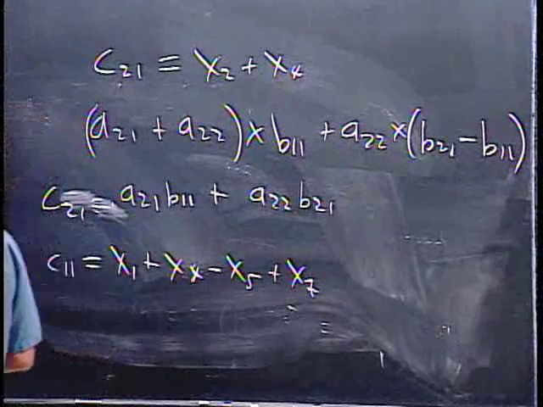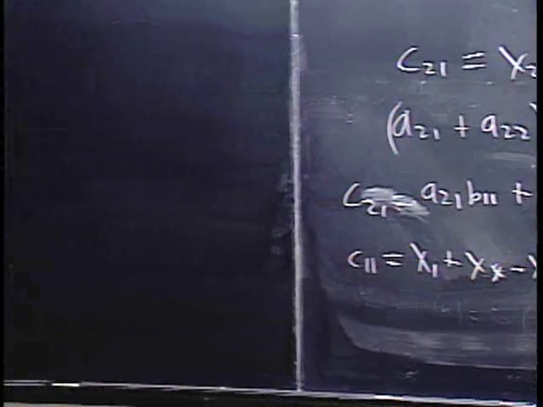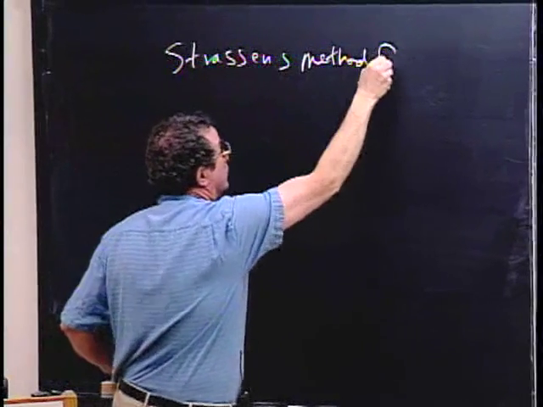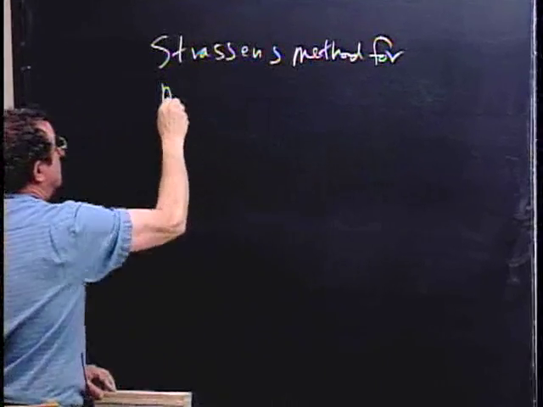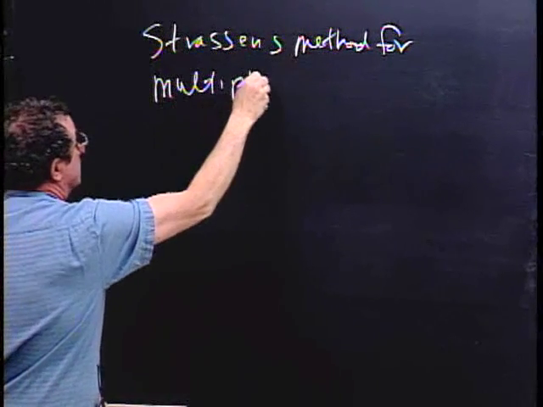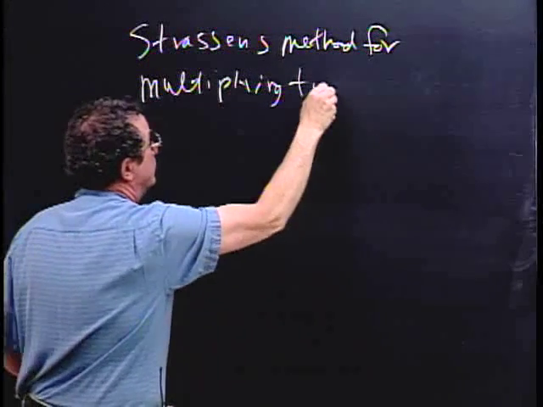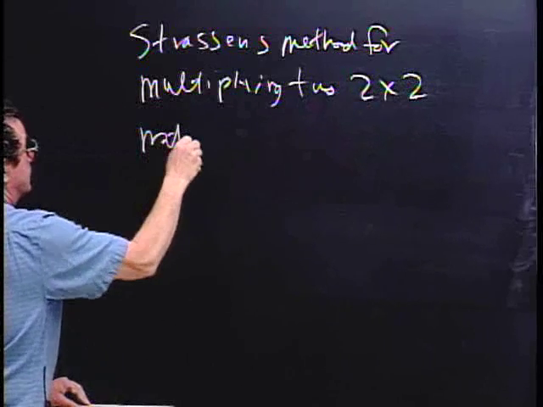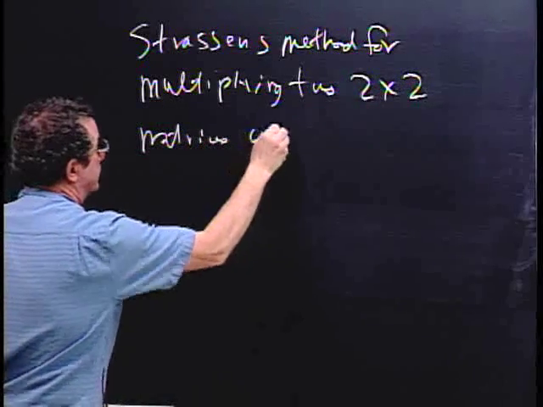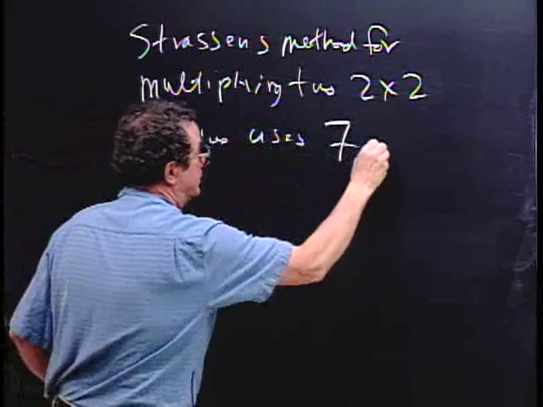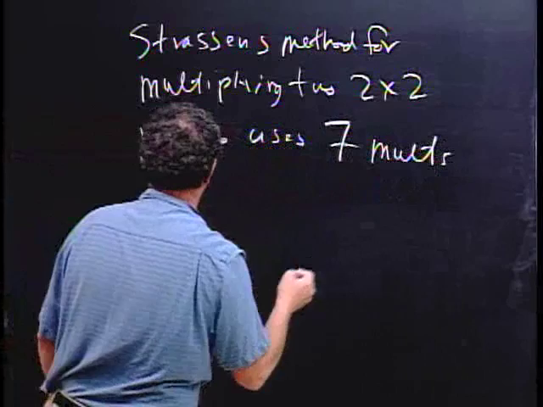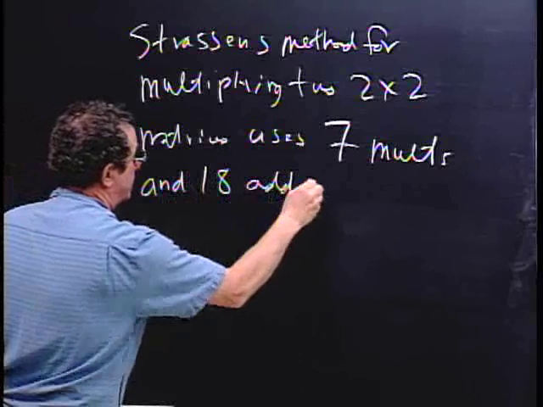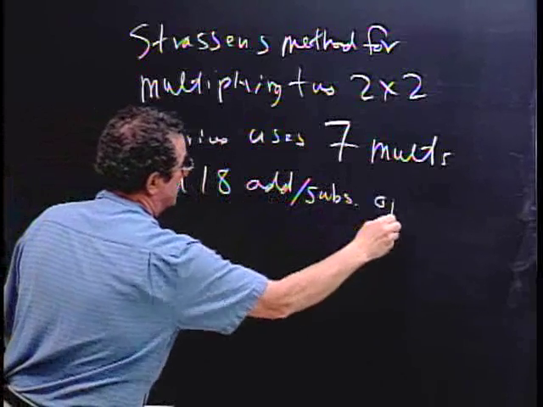So Strassen's method for multiplying two 2x2 matrices uses 7 multiplications of individual numbers and 18 addition-subtraction operations. Okay?